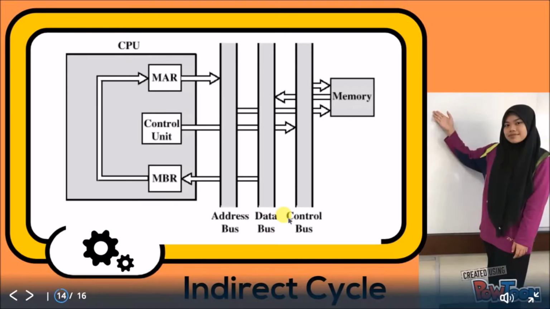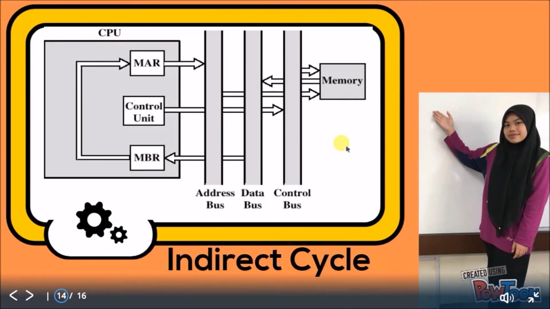Okay, next I will explain about data flow in the indirect cycle. This figure shows the flow of data in the indirect cycle. Basically, the indirect cycle occurs when indirect addressing is involved.